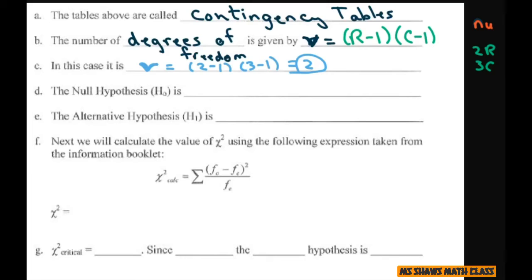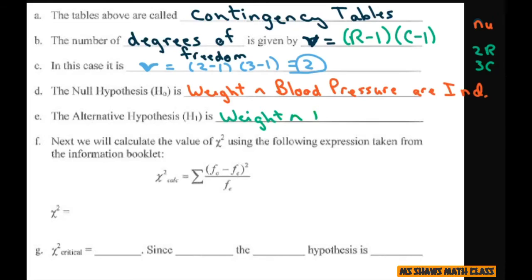The null hypothesis is going to be weight and blood pressure are independent, and the alternative would be the same thing, but you write weight and blood pressure are dependent. They depend on one another.